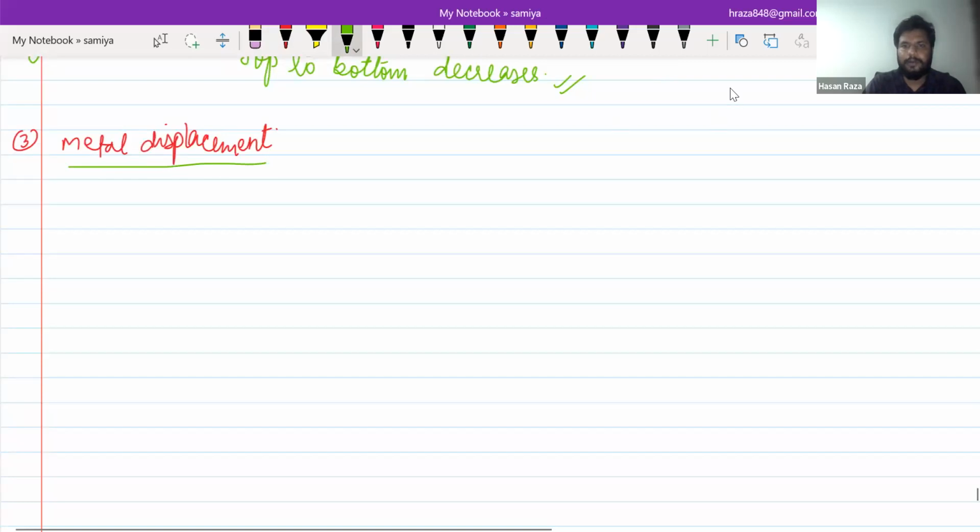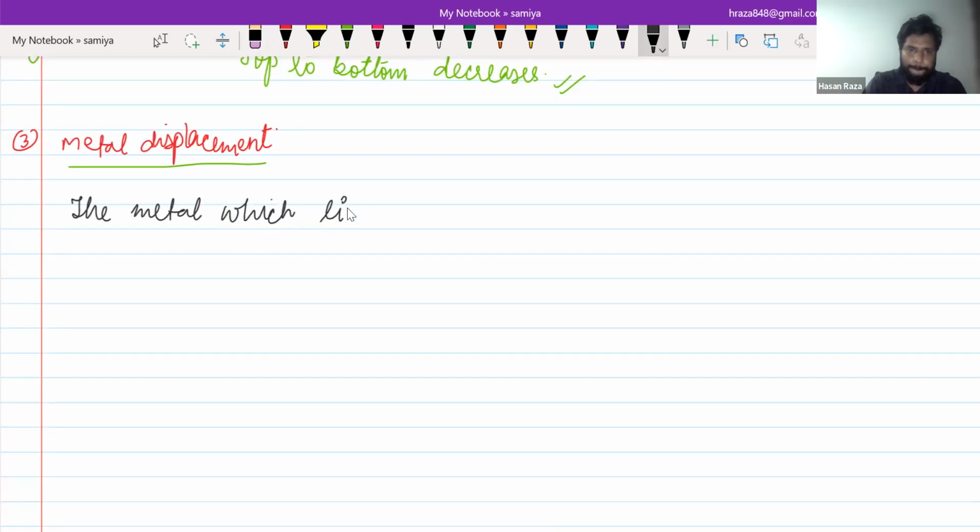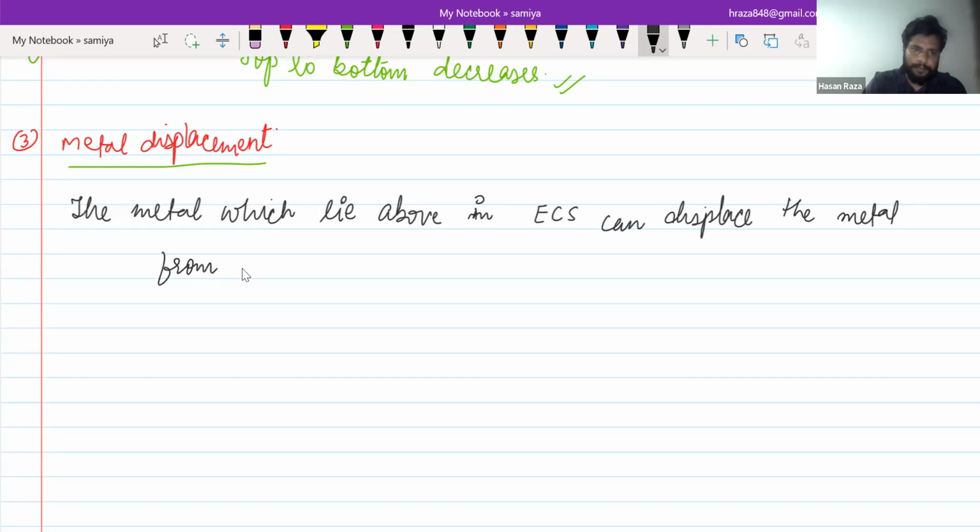So write a point: the metal which lies above in ECS, electrochemical series, can displace the metal from its salt which lies below in ECS.